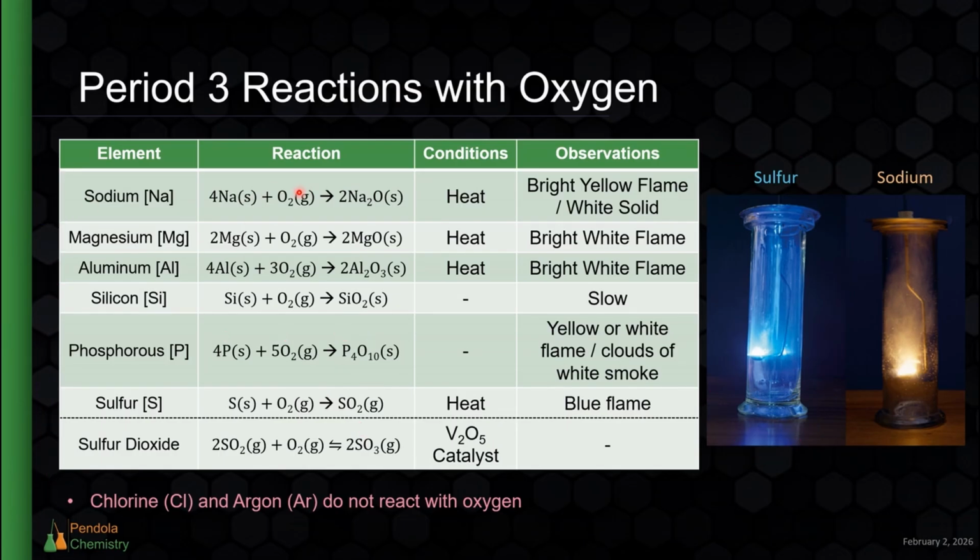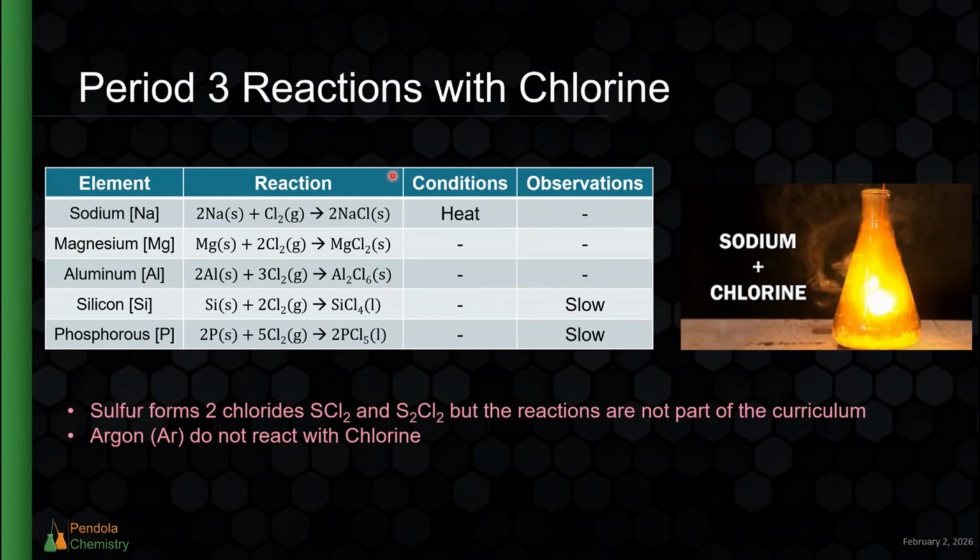Let's keep going now and look at the reaction of those same elements, but with chlorine instead. Chlorine is a period 3 element, so once we get to the end of the period, we won't really see the reaction of chlorine with chlorine, but period 3 elements can mostly all react with chlorine. Again, keeping in mind that same division we saw earlier: sodium, magnesium, and aluminum are going to be metals.